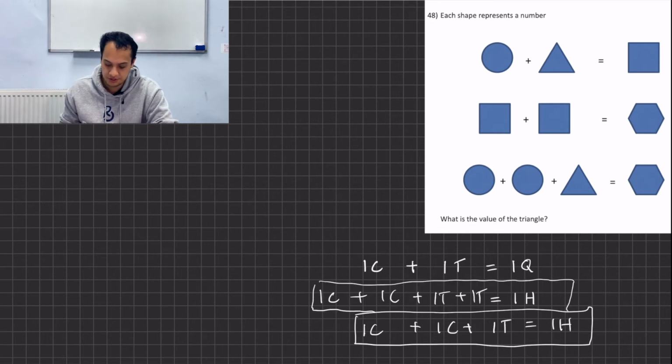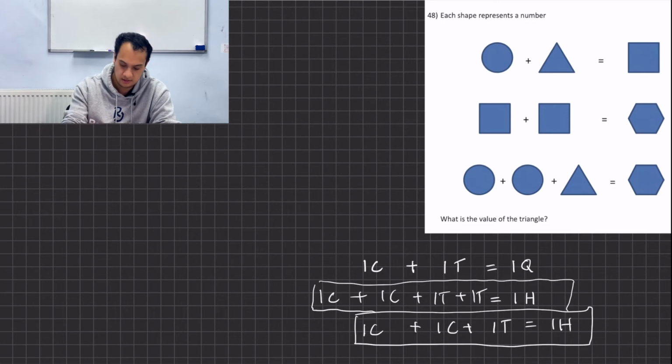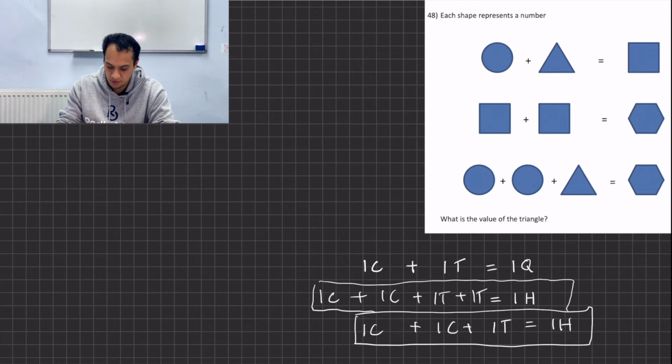Now, you should spot that there's something a bit weird going on here, right? Because on the one hand you've got 1C plus 1C plus 1T equals 1H, and then you've got 1C plus 1C plus 1T plus 1T equals 1H, then what does that mean? Well, it means this should be equal, shouldn't it?